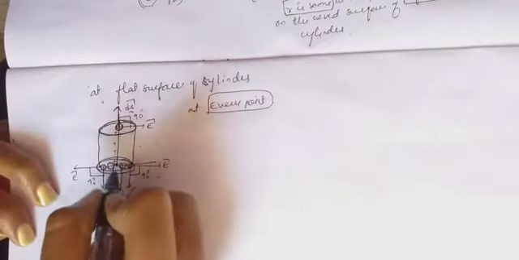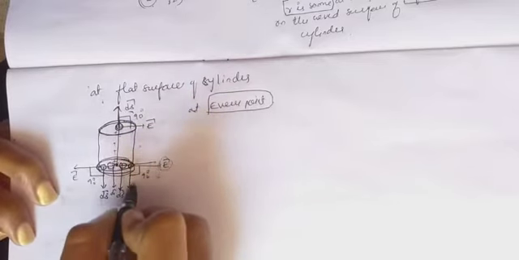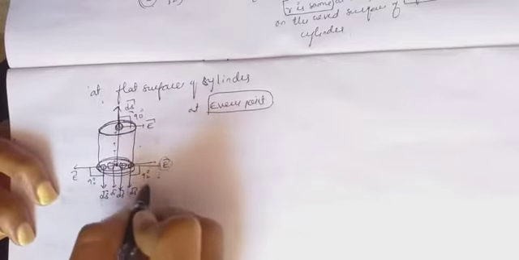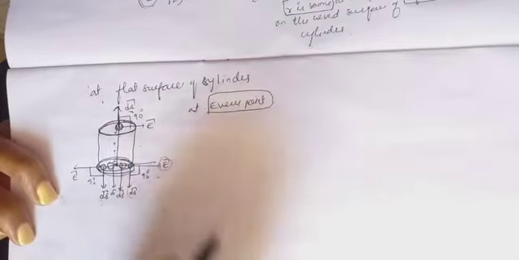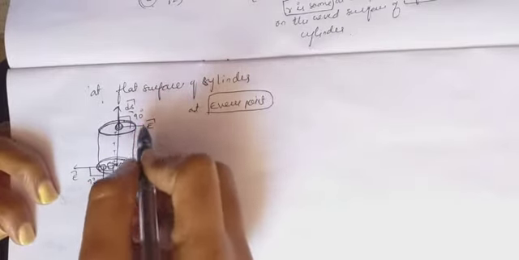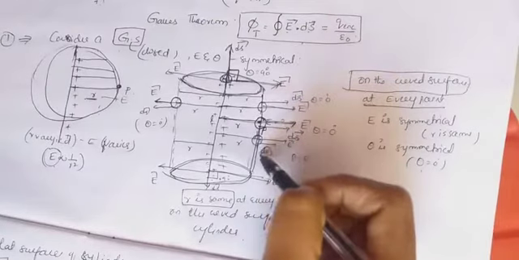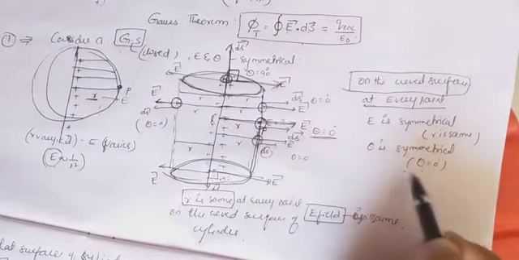So that means at every point on the flat surface, the electric field and the area vector are perpendicular to each other, so there exists an angle theta equal to 90 degrees. At every point theta is the same on the flat surface. At every point theta is the same on the curved surface. At this curved surface, if this is the electric field vector and this is the area element, then theta is equal to 0. So at every point on the curved surface theta is equal to 0.